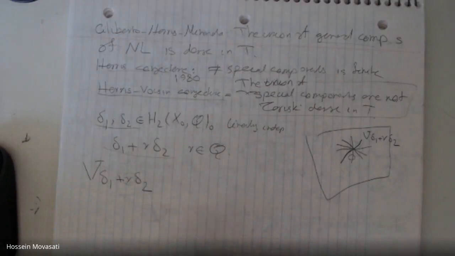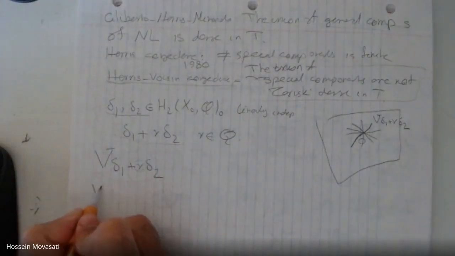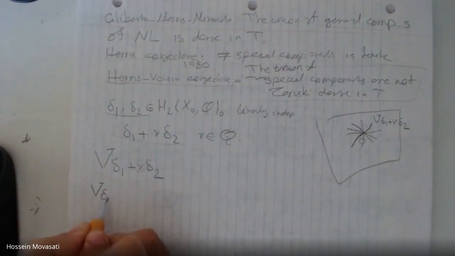Okay, and actually the strategy works. Maybe I make this definition of V delta.